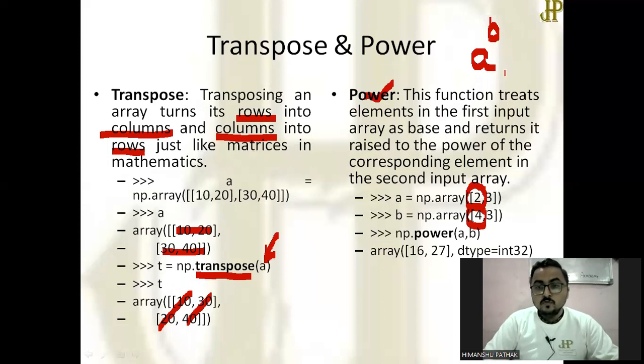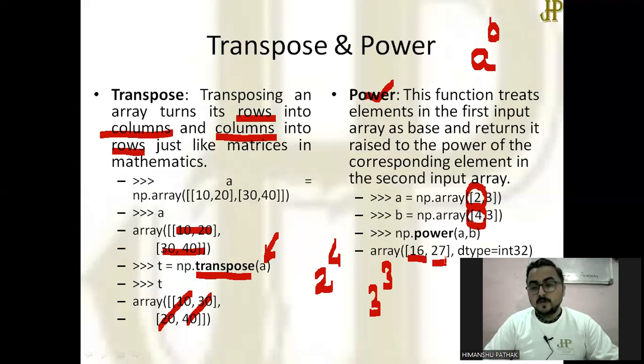So 2 to the power of 4 becomes 16, and 3 to the power of 3 becomes 27. You have to remember that the first array performs as the base and the second array performs as the exponent.